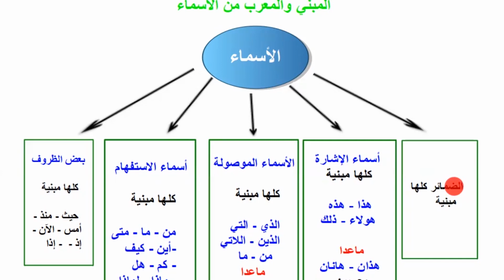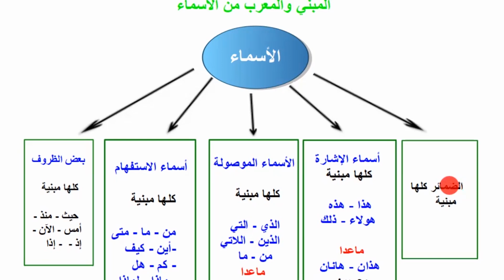Whether there is a harf jar fi or ila or whatever before it, or even if it is maf'ulun bihi in the sentence. We have not looked at maf'ulun bihi, but we'll look at it later. It's also a very interesting concept. Don't bother yourself. So whether it is all this, it will never change. All the damair, they are mabni, they are fixed. They don't change. The vowel on the last letter will never change.